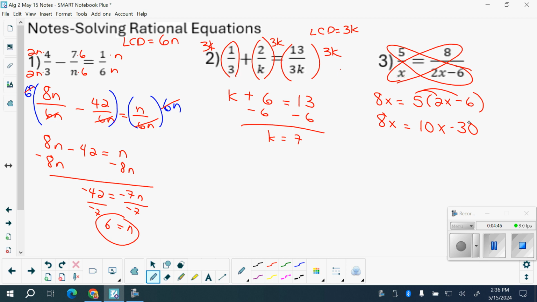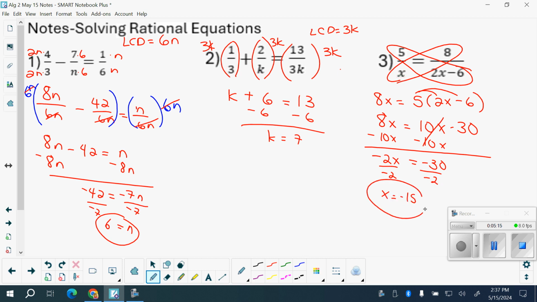Let's get our x's on one side and the number on the other. There'll be fewer steps. Subtract 10x. Does that make sense? But that is not wrong. If you subtract 8x, it would just be more steps. And we get x is negative 15.